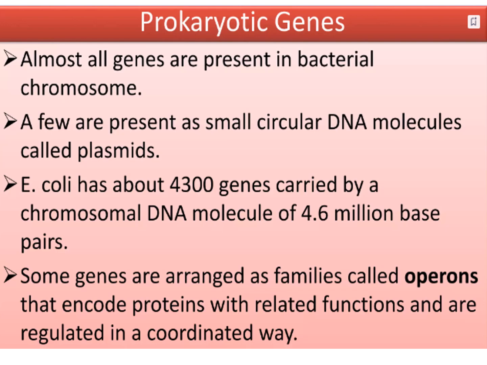Some genes are arranged as families, like the lac genes. This concept is called an operon, and these genes encode proteins with related functions and are regulated in a coordinated way. So this is about the prokaryotic genes.